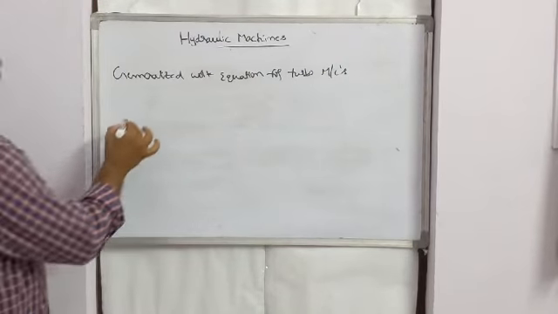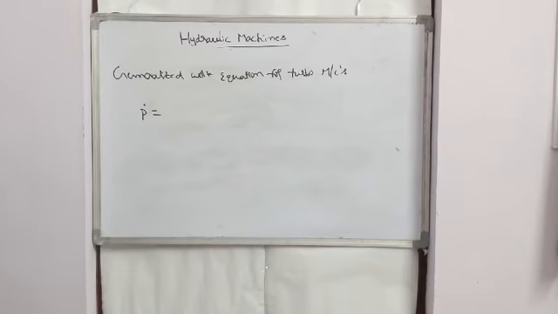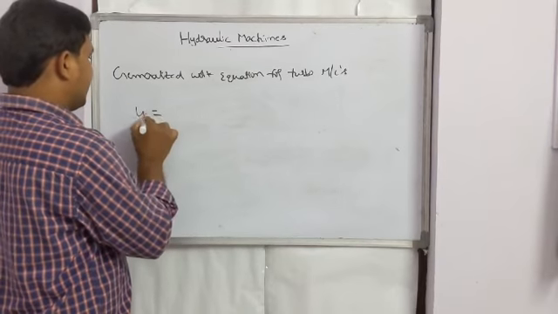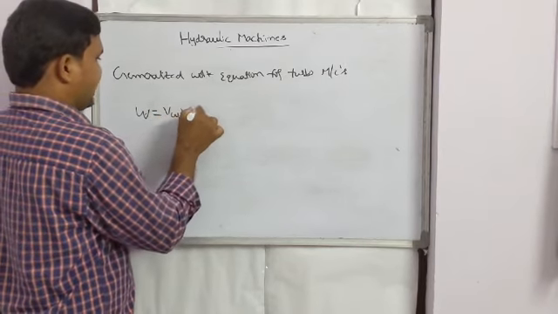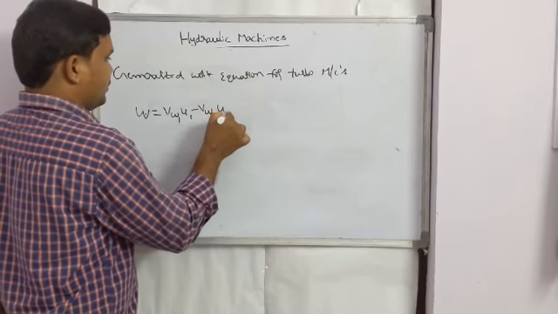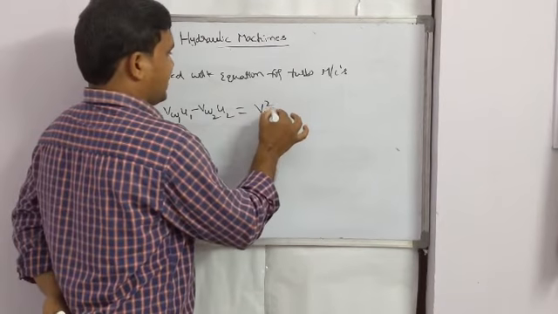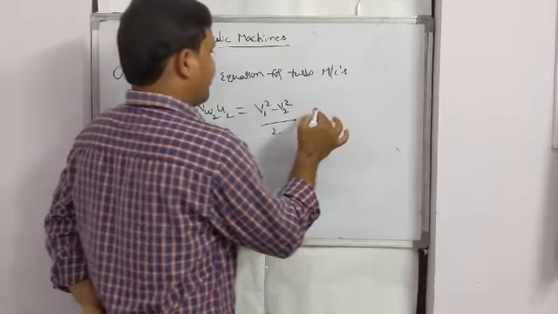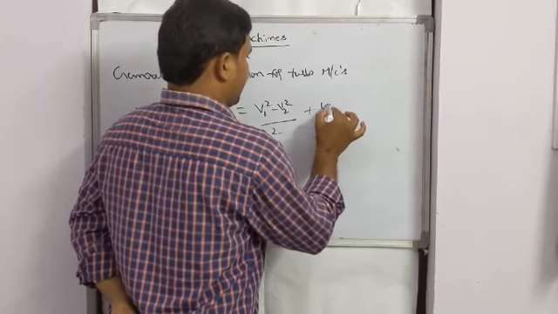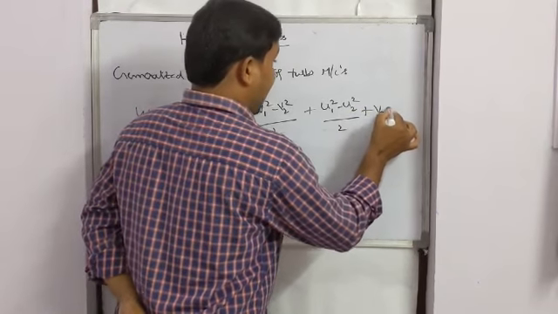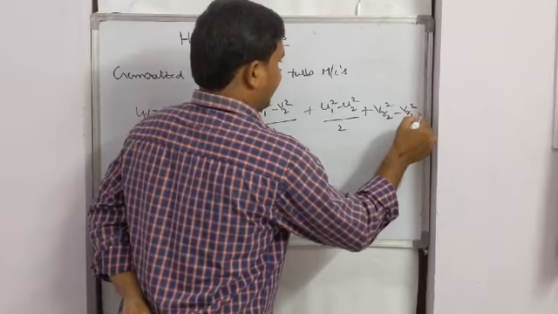Work done is equal to VW1 U1 minus VW2 U2. This is a combination of three energies: impulse energy, centrifugal energy, and reaction energy. The impulse effect is V1 square minus V2 square by 2, plus the centrifugal effect U1 square minus U2 square by 2, plus the reaction effect VR2 square minus VR1 square by 2.